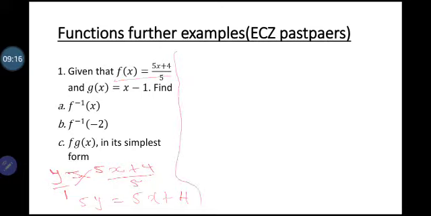So now we make x our subject of the formula. We're going to have 5y, the 4 comes this side, we have minus 4 is equal to 5x. We divide throughout by 5. We're going to have x is equal to 5y minus 4 over 5. Then we've made x the subject of the formula.